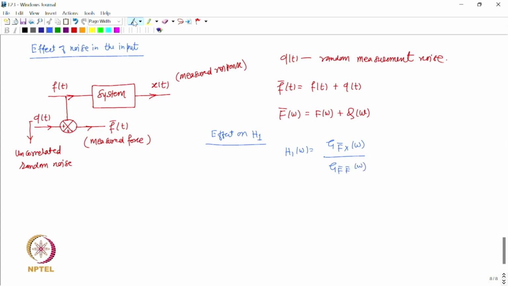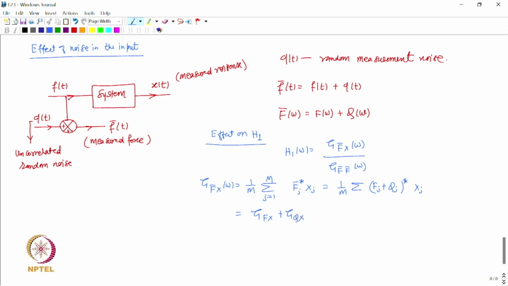Now, G f bar x is given by 1 upon m, sum over j equal to 1 to m, f bar star j into x j, and this would be f j plus q j star into x j, and this is G f x plus G q x.